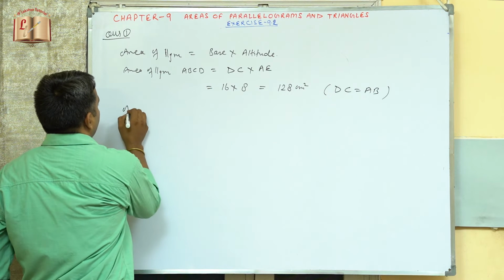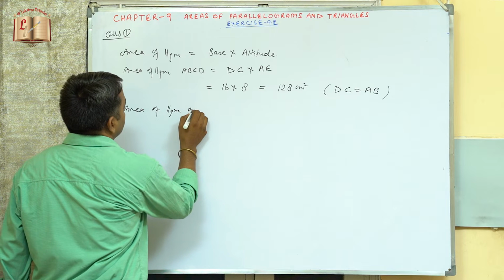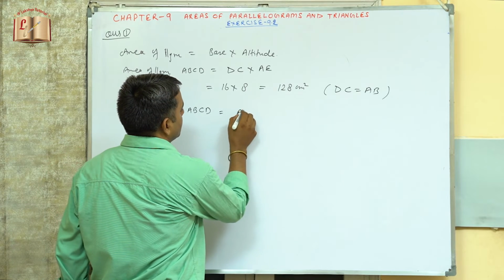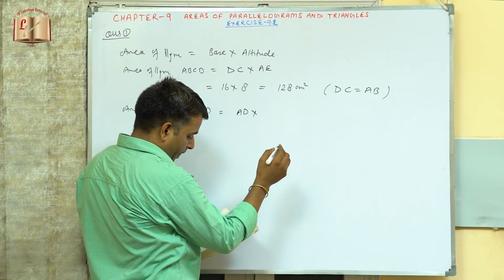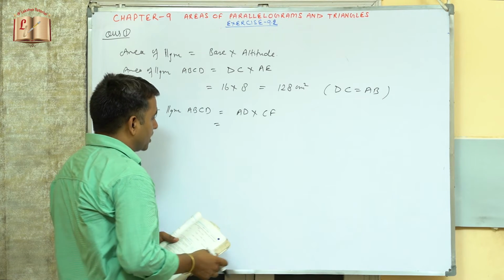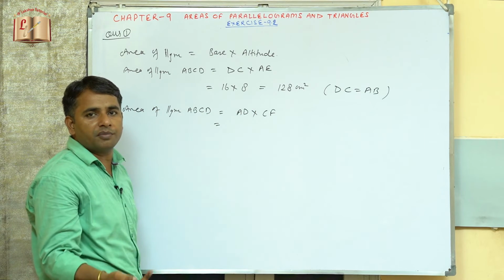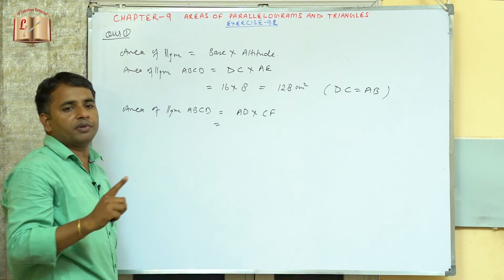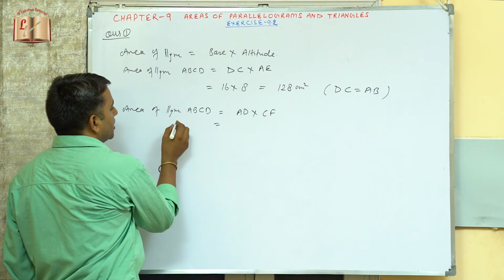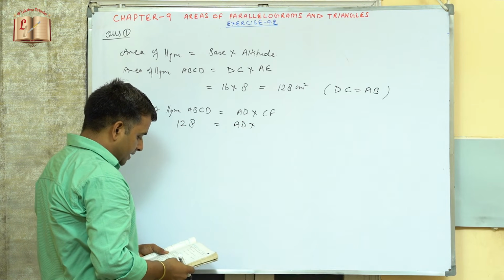Now see that the area of the parallelogram can also be found by using the other base and the other altitude. The other base is AD, so this can be found by AD into CF. We need to find AD. The area of the parallelogram will remain the same whether we use any of the bases or any altitude, because it is the same parallelogram. So the area that came here can be used now. So 128 is equal to AD into CF.